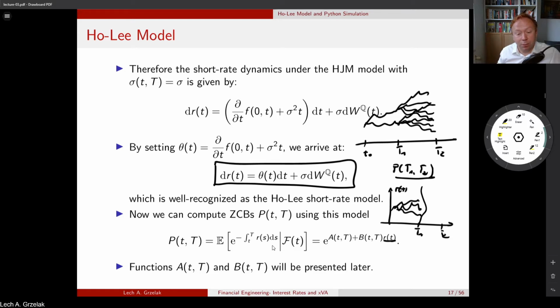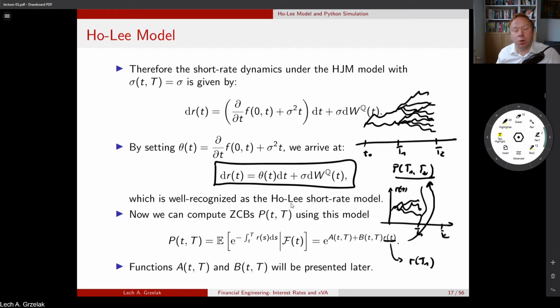We can plug into this expression, and that will give us the zero coupon bond P(t1, t2). So you see, instead of calculating the integral over all the paths from t1 to t2, which we would need to do here, we can simply get here, actually in our case it will be R_T1. So we just substitute the whole vector of paths into this expression, and that gives us the zero coupon bond.